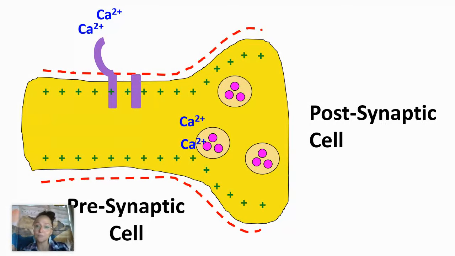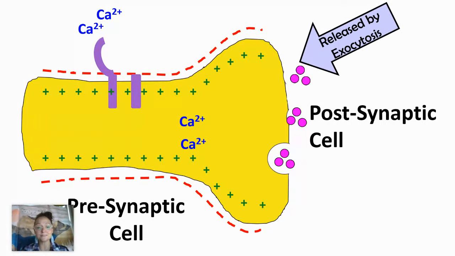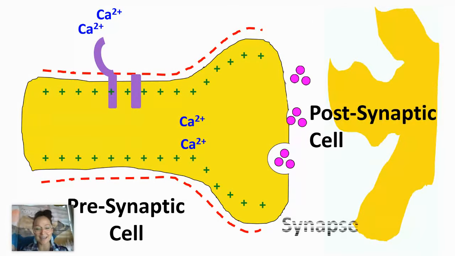You can see them moving. This is exocytosis. These ligands are released by exocytosis into that synapse, the space between the two cells.